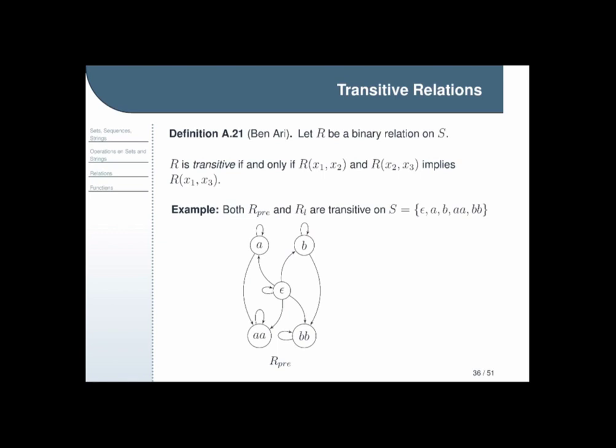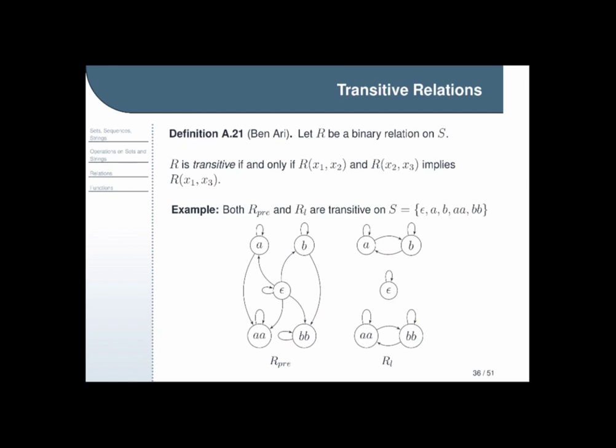And that is the case on every path that I follow, right? If I can get from A to AA, then I have to be able to also go directly. And you can see that's also the case here with RL, although in this case it's sort of trivial, right? Because everything connects back to itself.